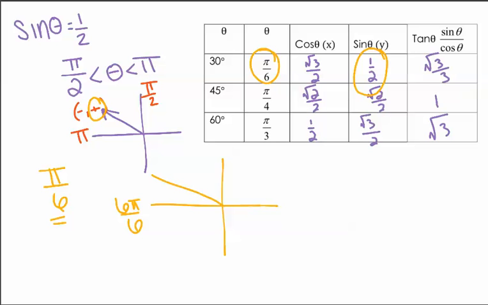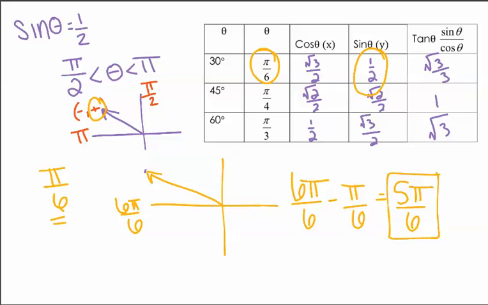My angle is right here, so you would have to do 180 minus your angle to get your reference angle. So I'm going to do 180, or 6 pi over 6 minus my reference angle. That's going to give me 5 pi over 6. So this is telling me that the angle 5 pi over 6 has a sine value of 1/2.